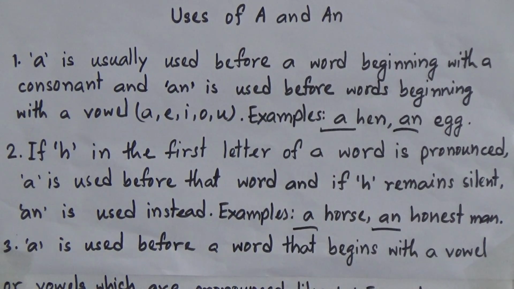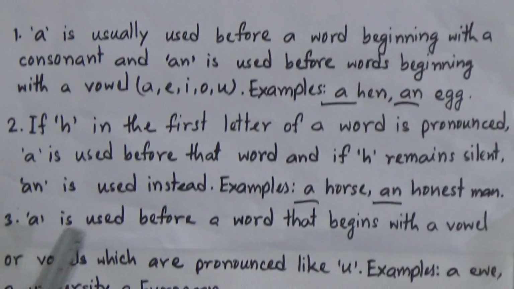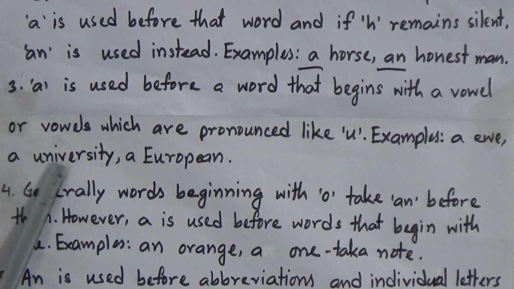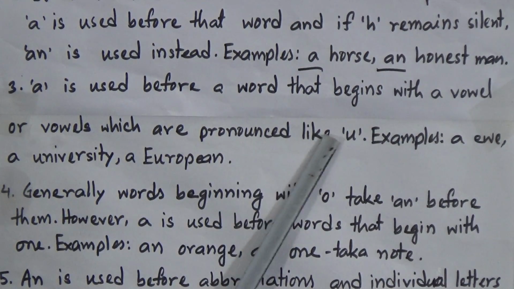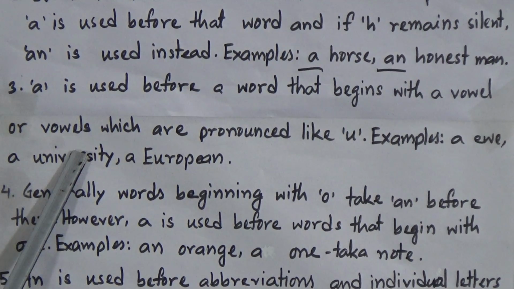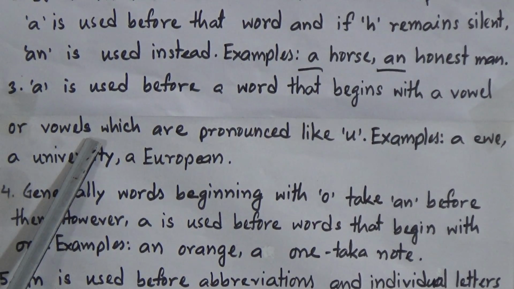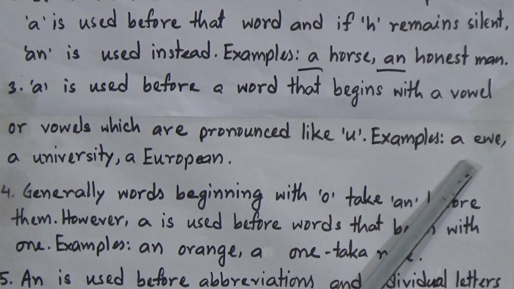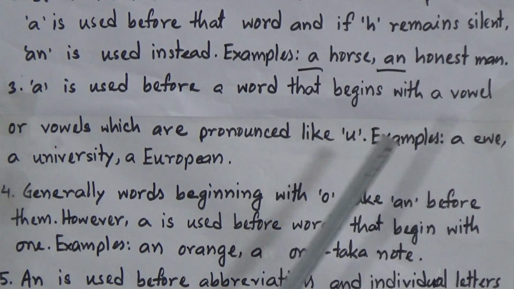Now rule number 3: A is used before a word that begins with a vowel or vowels which are pronounced like U. If you find a sound like U, you will use A instead of AN, though E or U is a vowel.